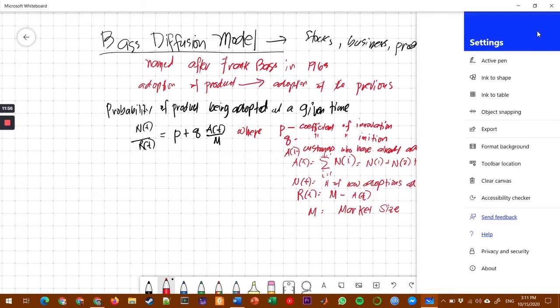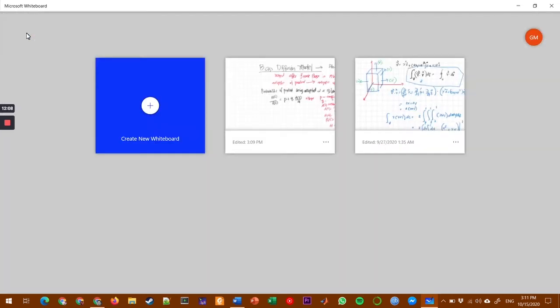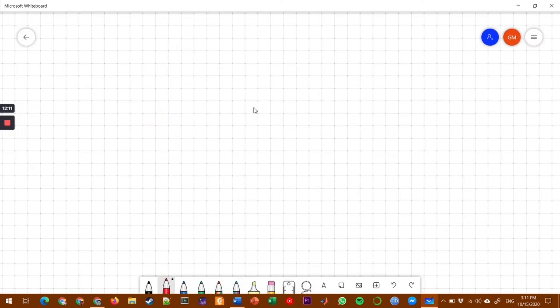Okay, new page. Another whiteboard. Again, we rewrite our equation for the Bass diffusion model. We have n of t over r of t equals p plus q a of t over m.